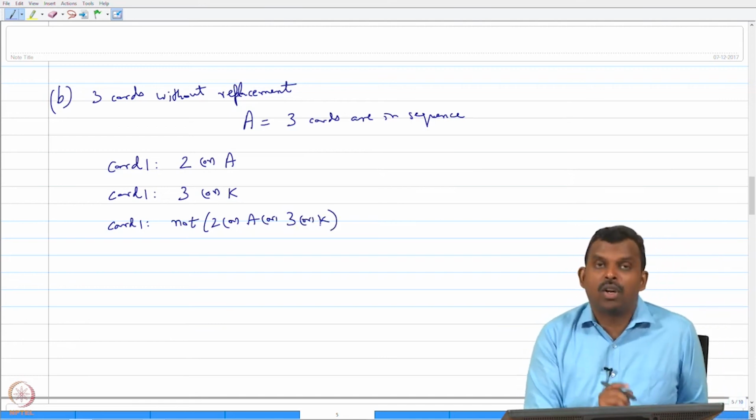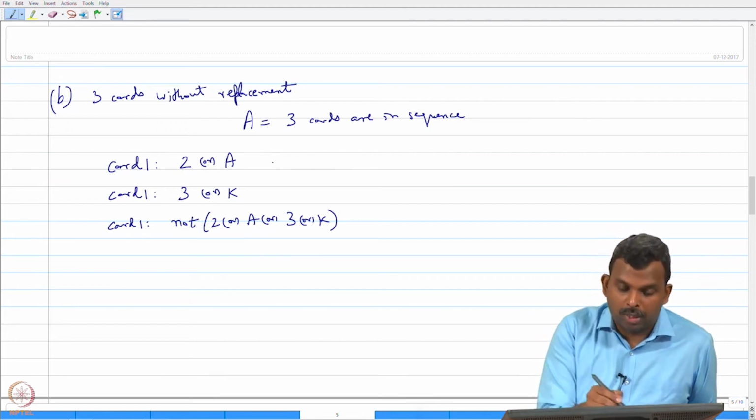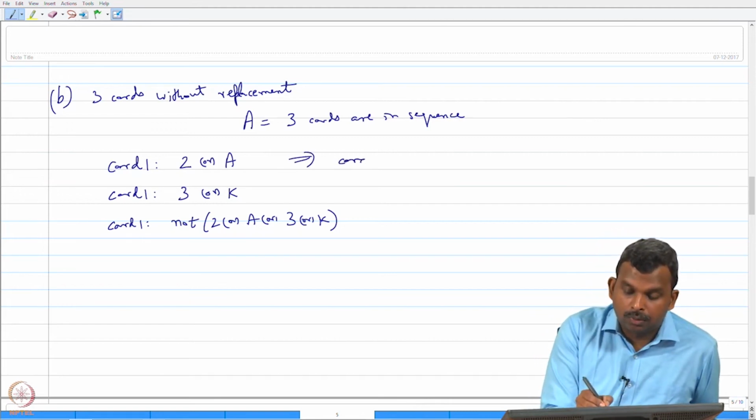Think about it. If you have 2 or ace, the next card has only 2 possibilities. So, this will imply card 2 has 2 possibilities.